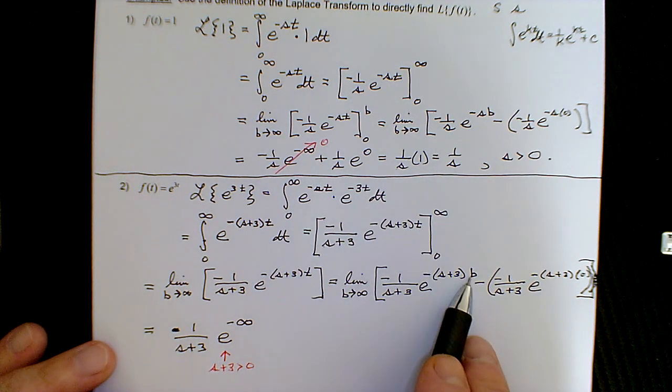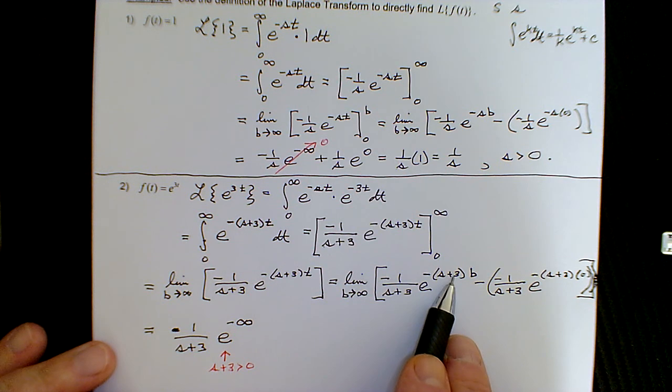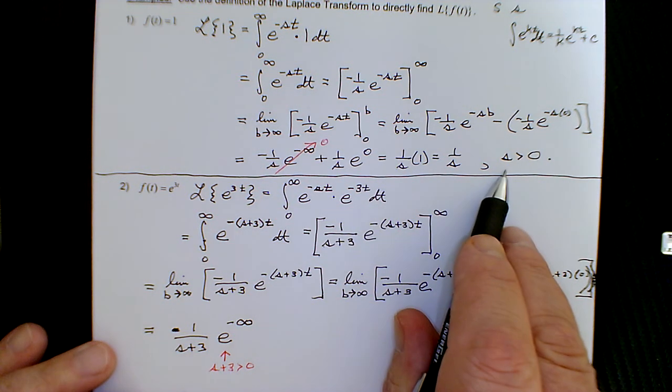Because in order for this to truly be a negative infinity, s plus 3 has to be a positive number. And that has to be included just like the statement here.